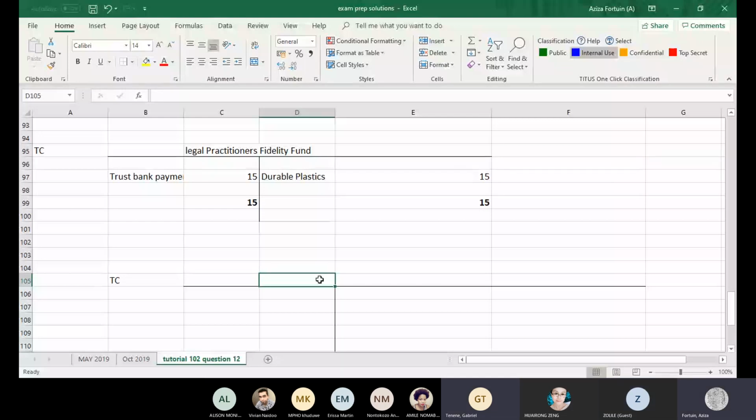Okay. So what goes into my Durable Plastics account? Non-plastics versus ink and prints wholesalers. Okay, so what goes into this account?